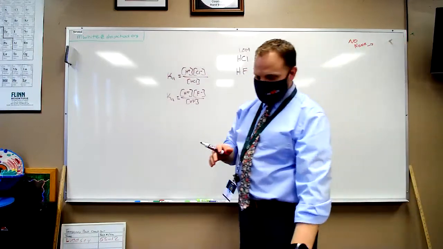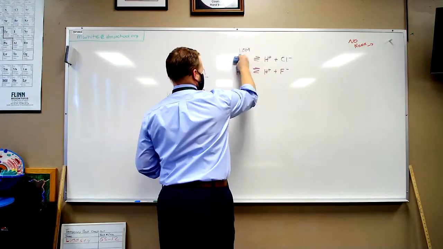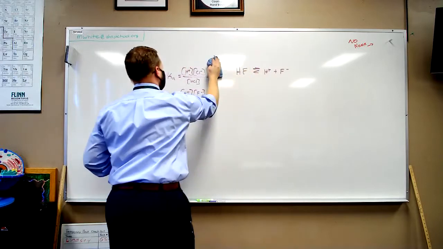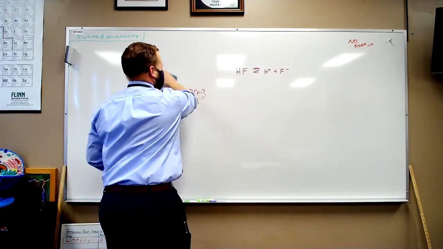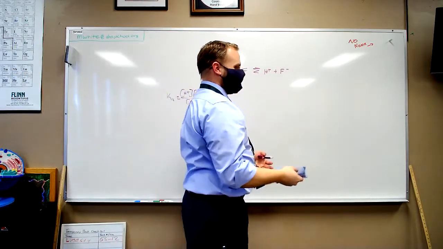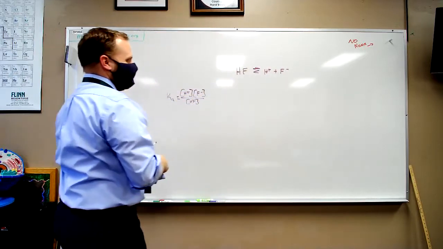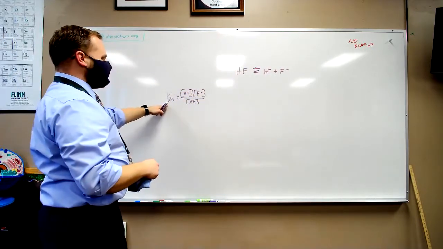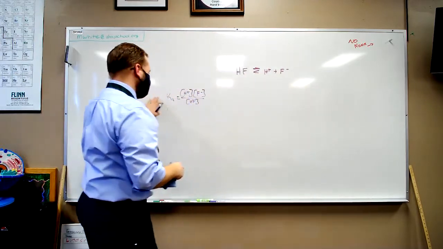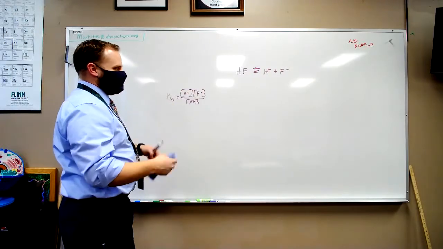So basically, a strong acid completely dissociates. You put it in water and it just breaks apart. Because of that, however much you put in the water, that's what your concentration of the H plus is going to be. For weak acids, it only partially dissociates. So we use this equilibrium constant to figure out what these concentrations are going to be.